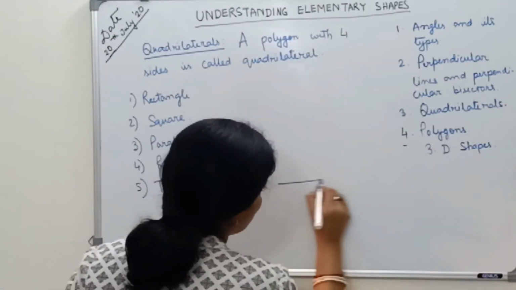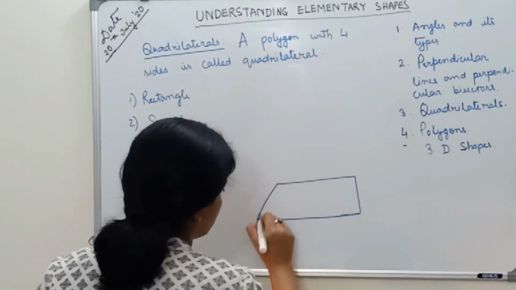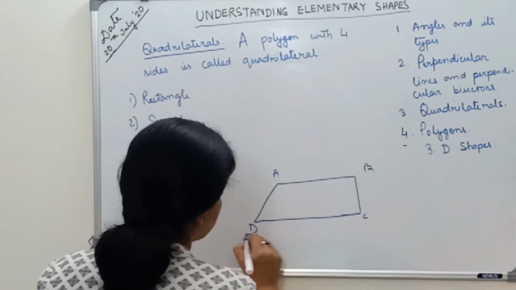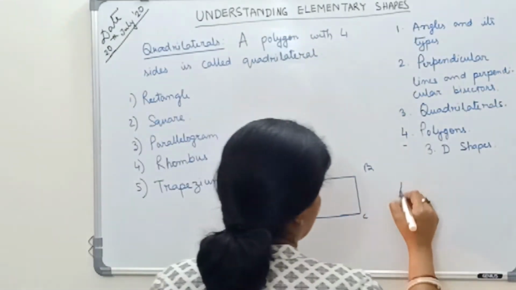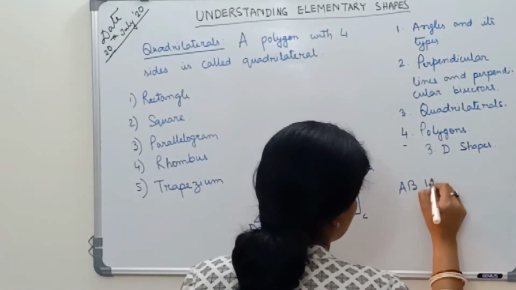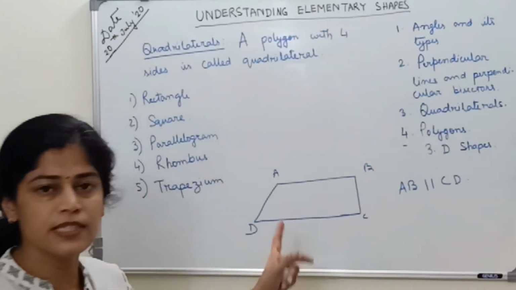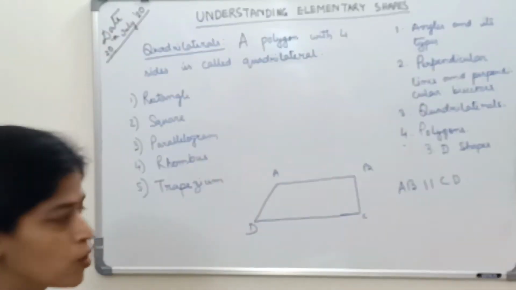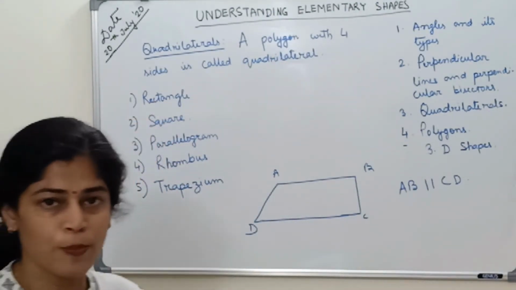Trapezium has only one set of parallel lines. If we name it ABCD is a trapezium, that means one set of parallel lines are there. AB must be parallel to CD. This is a trapezium. So these are the various quadrilaterals: rectangle, square, parallelogram, rhombus and trapezium.